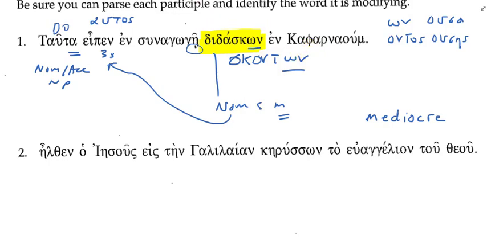So just to show you what that would look like, we'll go through a couple of feminine forms. What would it look like if it were feminine nominative singular? It would be didask, and then instead of the own, it would be usa, didaskusa, teaching as it relates to a woman.